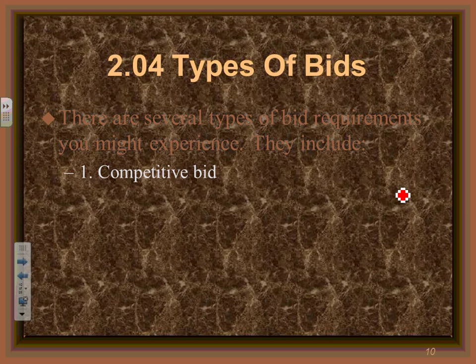The first type of bid is called a competitive bid. So 15 electrical companies heard that the city of Minneapolis wants to build a library, or the state of Minnesota wants to build a stadium for the Vikings, right? They get the blueprints from the engineering firm, and they bid on spec and material. Basically, a competitive bid.